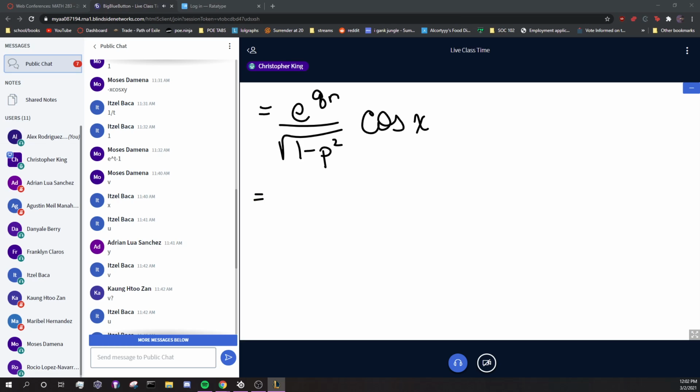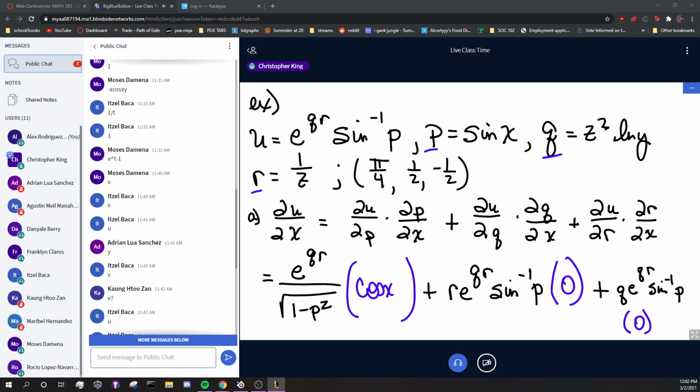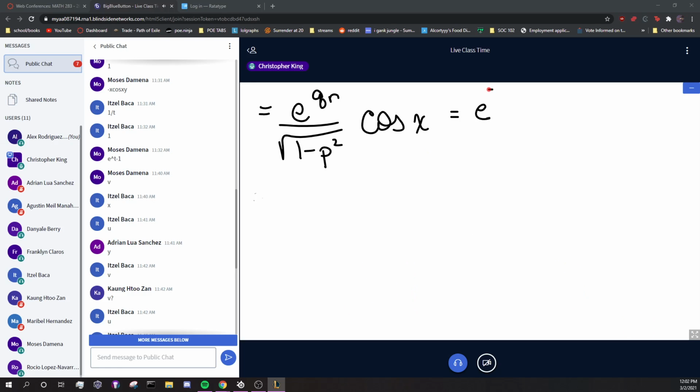Now, if I replace what p, q, and r are equal to, in place of q, I'm going to put x squared times the natural log of y. In place of r, I'm going to put 1 over z. Over the square root of 1 minus, in place of p, the sine of x squared. We're going to multiply by the cosine of x.